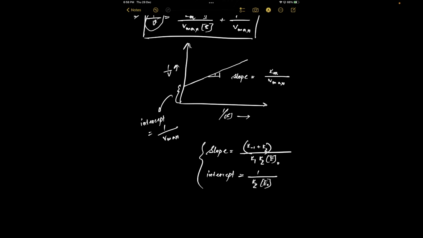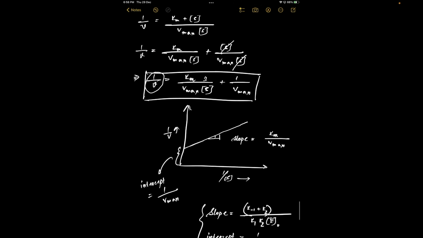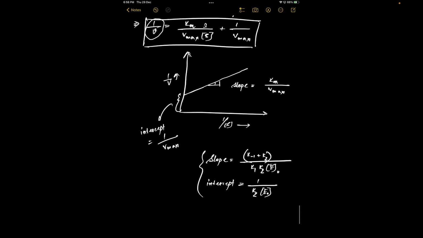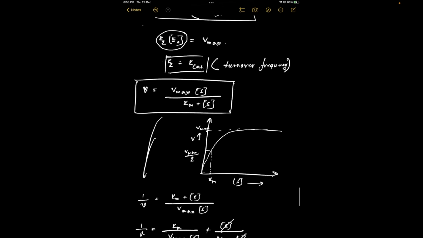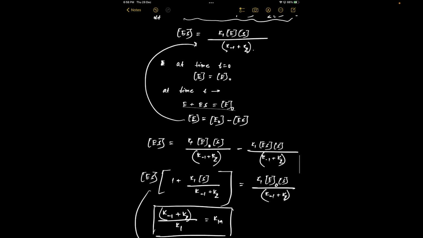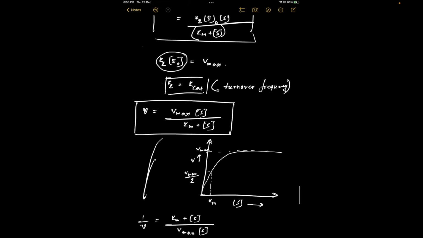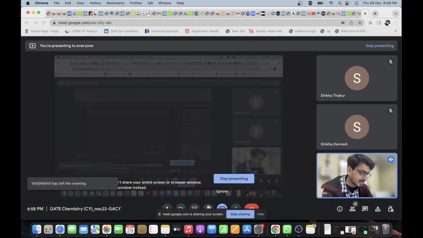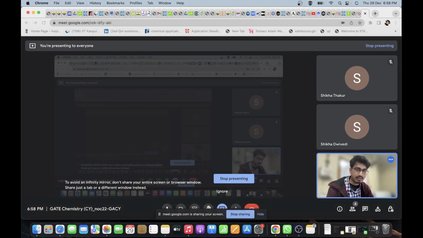So from these two properties you can calculate different quantities like enzyme concentration, different rates, etc. This was the main thing I wanted to say from kinetics. I think I made some mistakes in the mechanism part, but these were the final expressions, and I hope everything is clear.